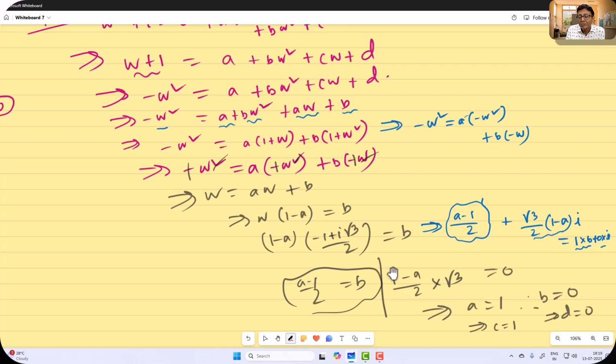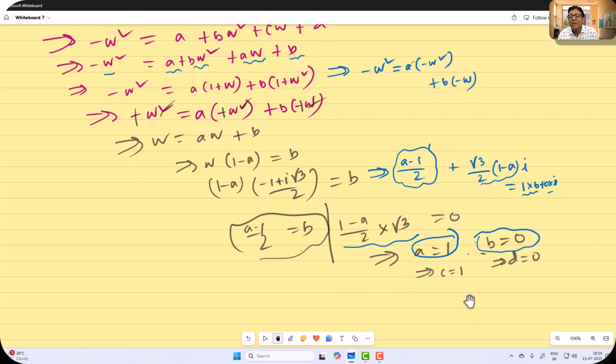0. 1 minus A into root 3. It means A is 1, and if you put A equal to 1 here, it's going to be B equal to 0. Now A equal to C. So if A is 1, C must be equal to 1. If B is 0, D must be 0.